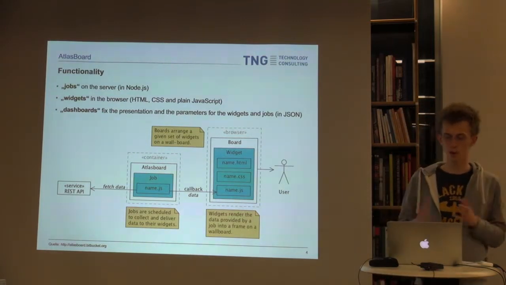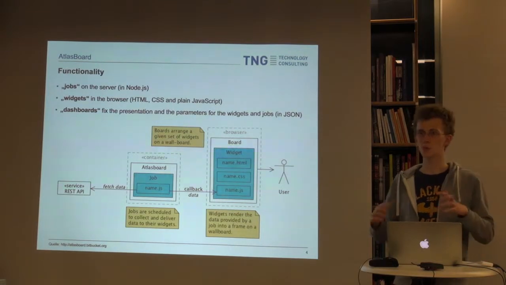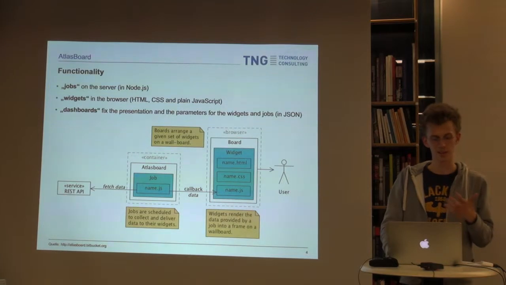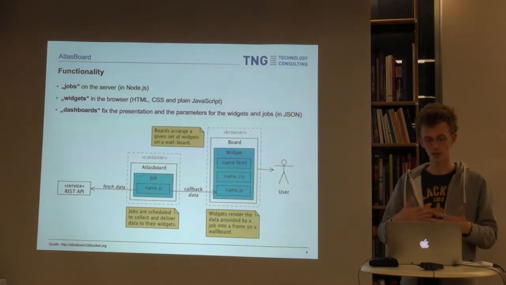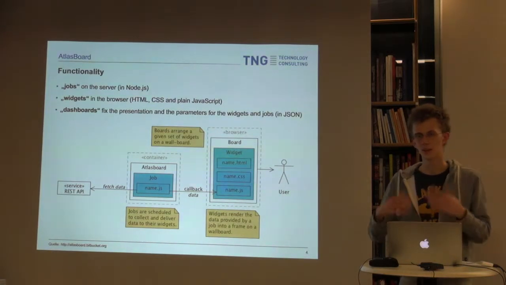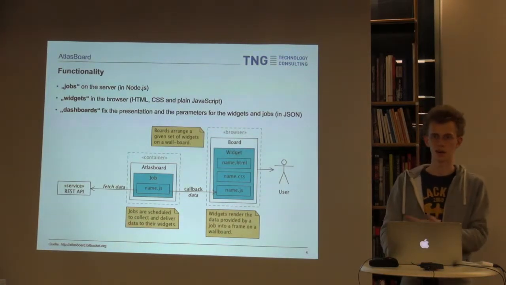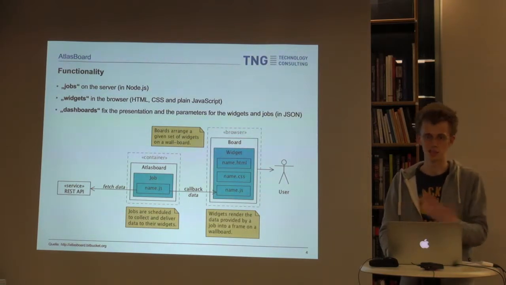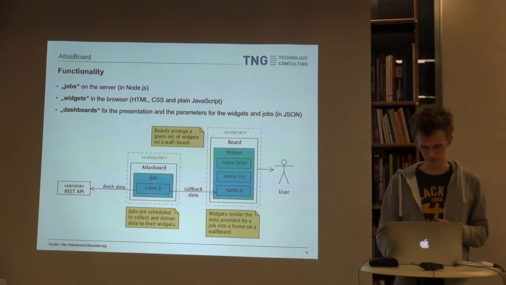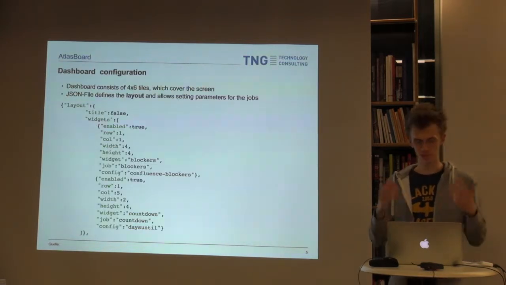The third component is what's called the dashboard, which configures the whole appearance of the dashboard and also allows for the configuration of the job. That's where I would save user passwords or URL addresses and so on, which are then used by the jobs. Okay, so let's jump into it.